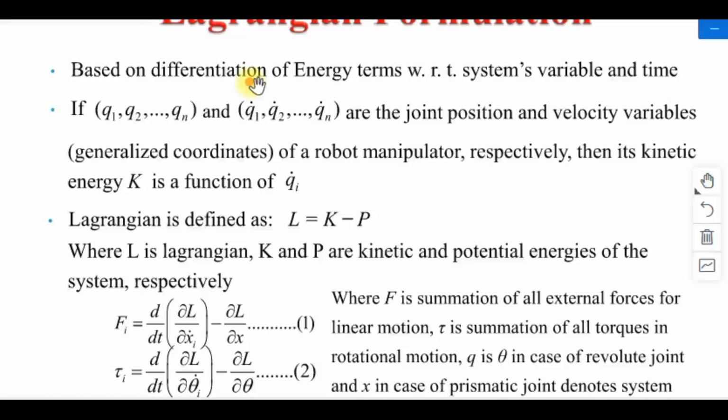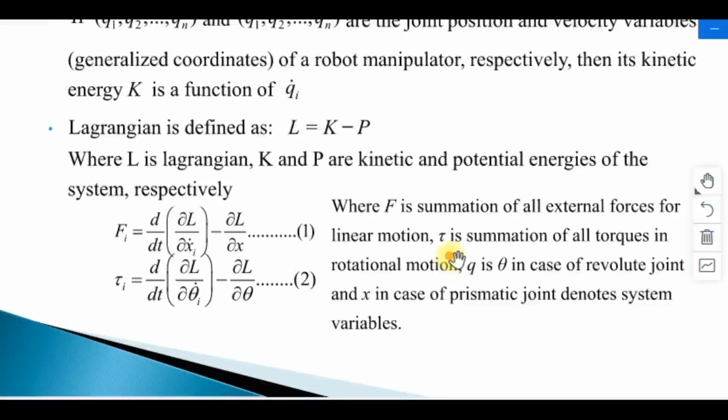So that is the total torque required. So F is the summation of all external force for linear motion.